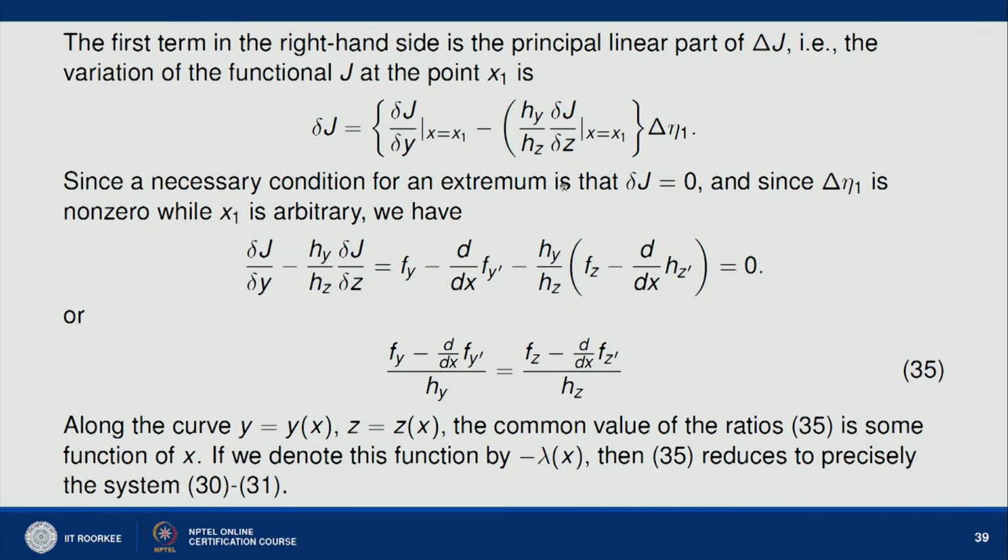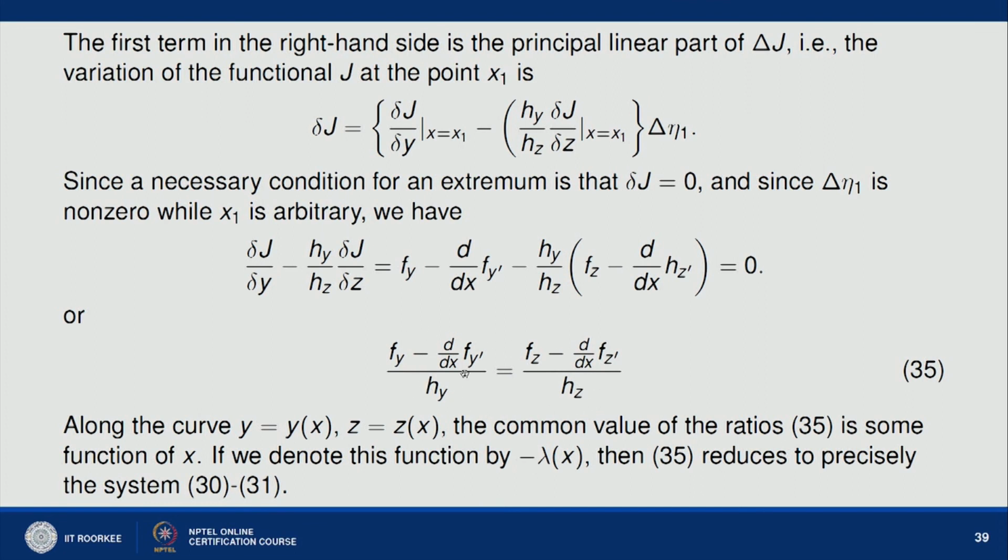So, this quantity being 0 means delta J by delta y minus h_y upon h_z delta J by delta z equals 0, where delta J by delta y is f_y minus d by dx of f_y dash, and delta J by delta z is f_z minus d by dx of f_z dash. When you simplify, the ratio of f_y minus d by dx of f_y dash divided by h_y and f_z minus d by dx of f_z dash divided by h_z has to be equal.